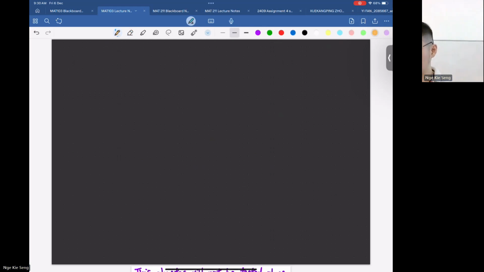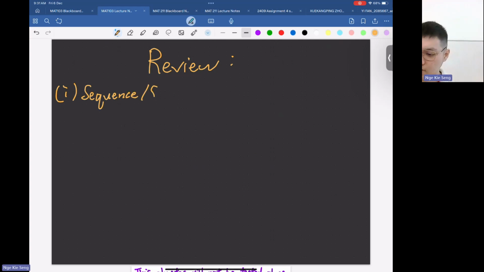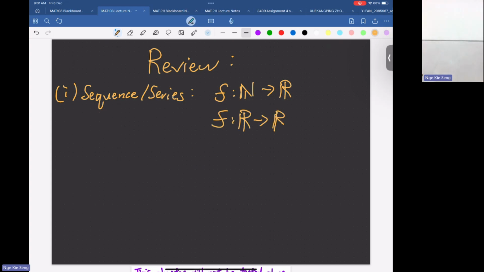Before we go to the next chapter, we want to review a bit what we have done so far. So where did we start? We started with sequences and series. These objects come from functions from N to R, and also functions from R to R, like the power series.